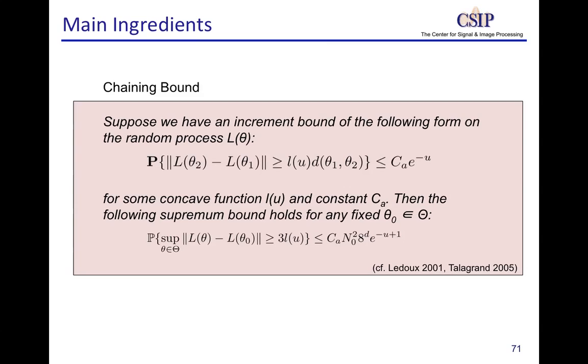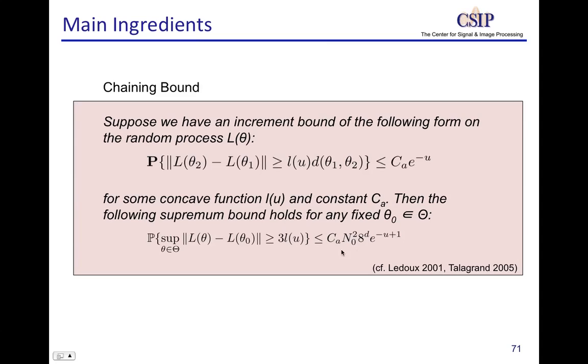The way this works is, if we have some increment bound that looks like this, it's basically just saying that the probability that two points in this process are more than some function times the distance apart is at least some sub-exponential constant here. And this function will be something like u plus square root of u. And so we have some constant Ca.